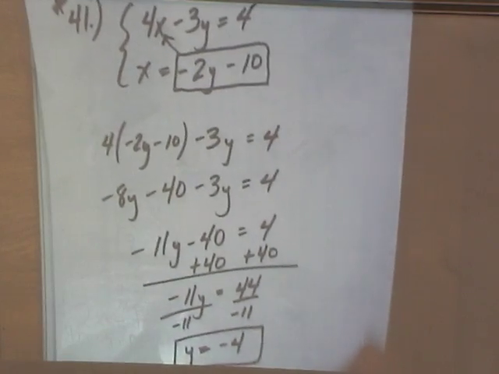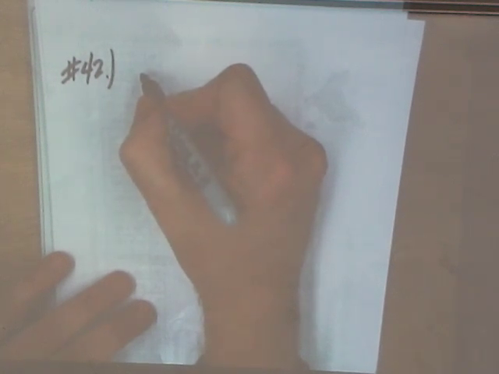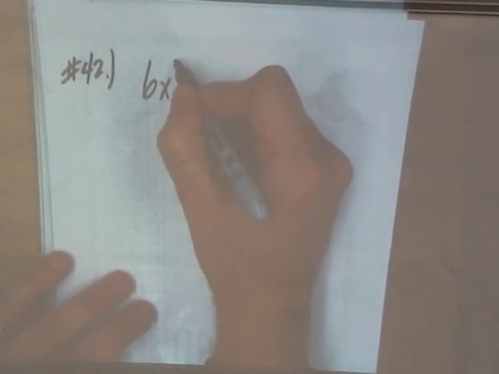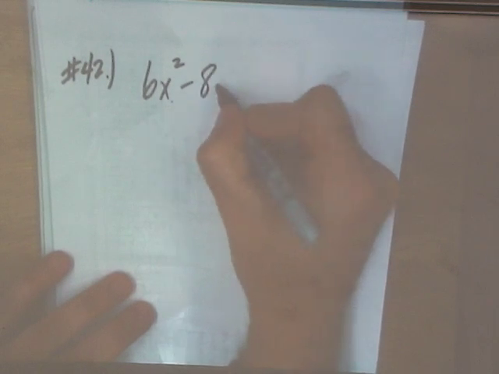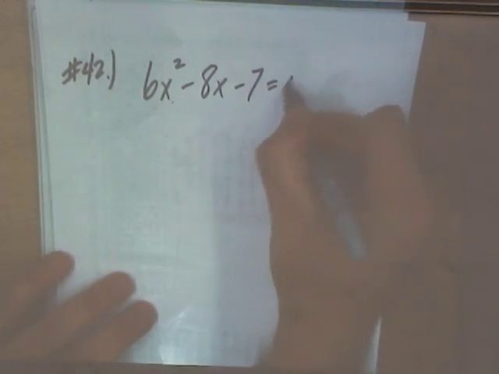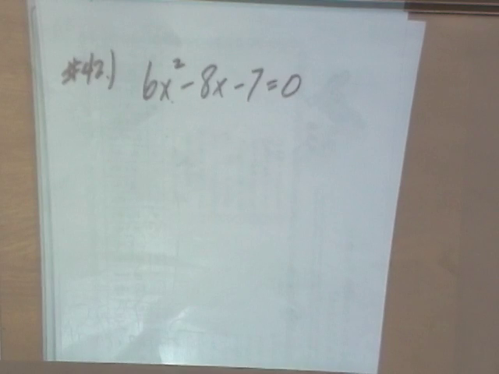Alright, 42. Solve the equation to the nearest thousandths place. What does that tell you? Decimals, yeah, what else? Calculator question, right? Okay. Alright, so if you got your calculators, get those out.